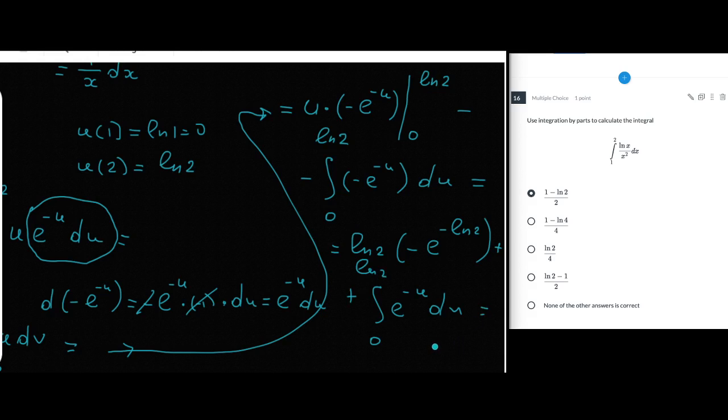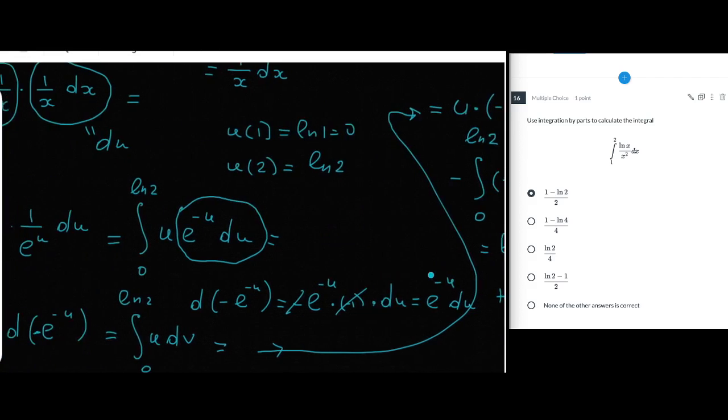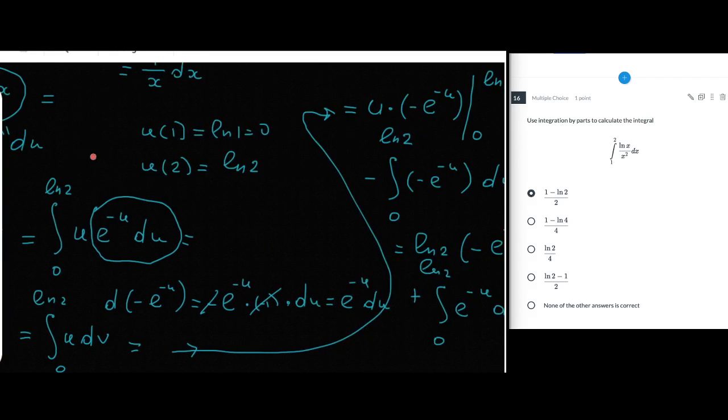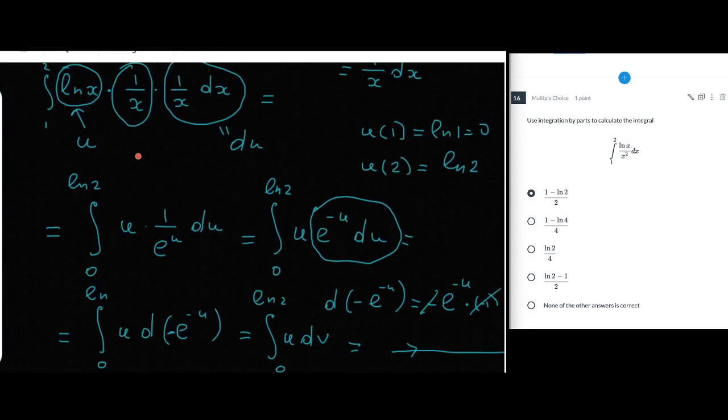And we can easily calculate the antiderivative for e to the power negative u. It will not be e to the power negative u, but it will be negative e to the power negative u. This is actually essentially what I've done right here. Remember, I wrote e to the power negative u right here, this term, as the differential of negative e to the power negative u.